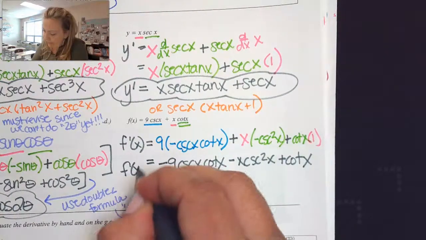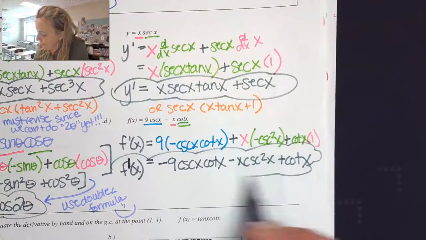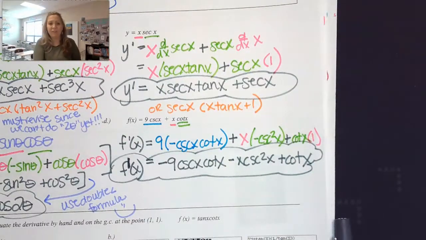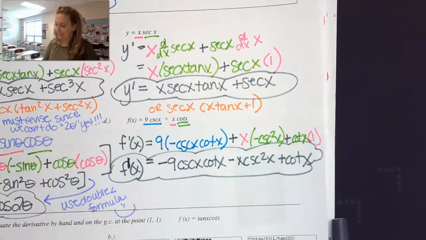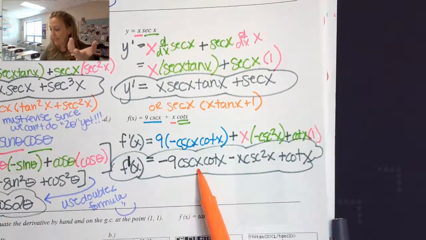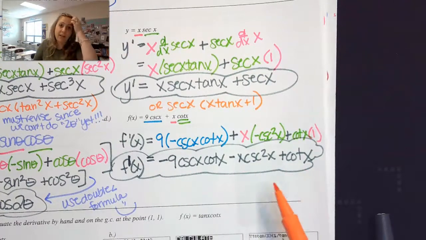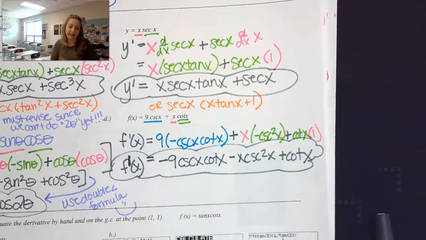So that's going to be about it. Make sure I see the prime. I know mine kind of blend in. Sorry about that. You also could factor out a negative here if you wanted. Like you could say the opposite of 9 cosecant x cotangent x plus x cosecant squared x minus cotangent x. Again, just lots of different ways that you could write that, okay?